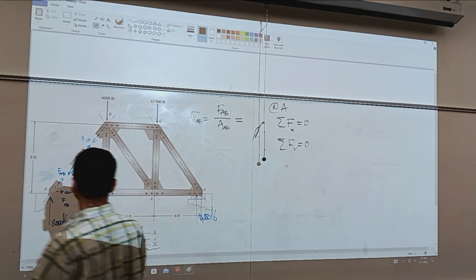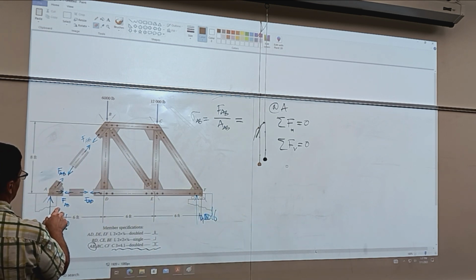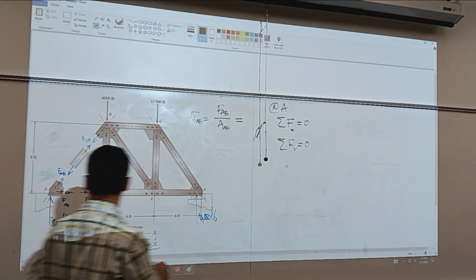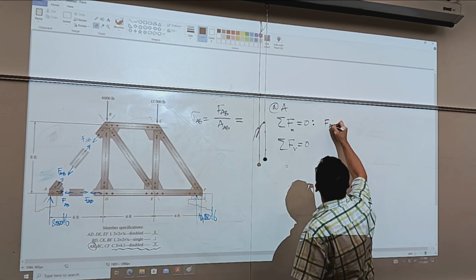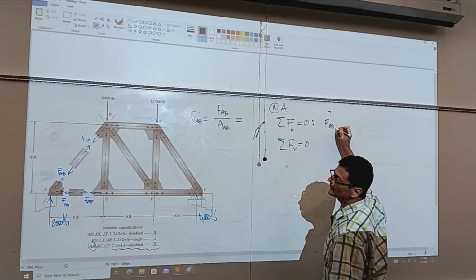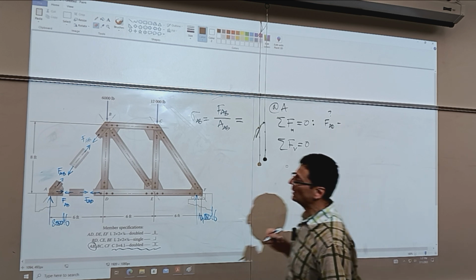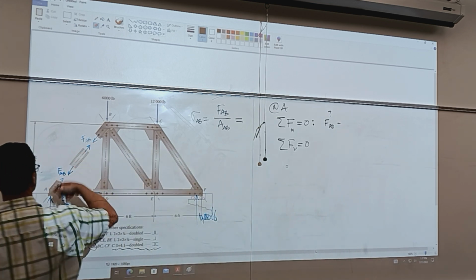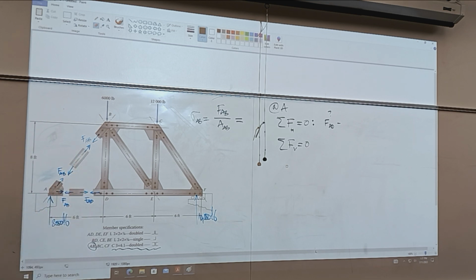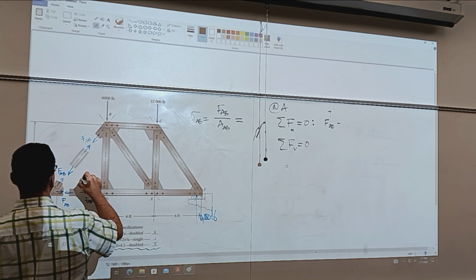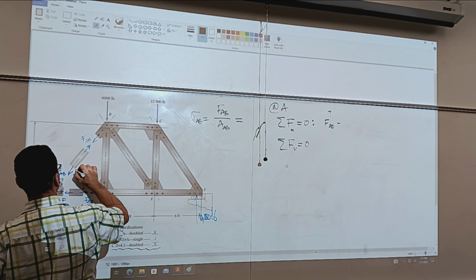In the horizontal direction, I have FAD positive, which is an unknown. And then I have likewise positive with the assumed FAB. We may end up with this link actually in compression if we get an FAB with a negative sign. So it's going to be FAB times this angle here.